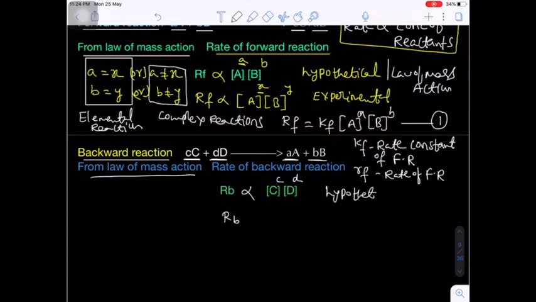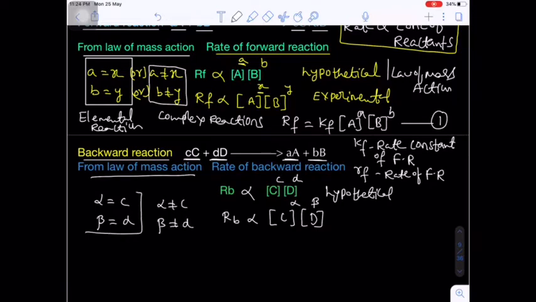Okay, but as per experiment, if we observe the powers, let's suppose alpha, beta. Alpha value equal to c, beta value equal to d, or alpha not equal to c, beta not equal to d.